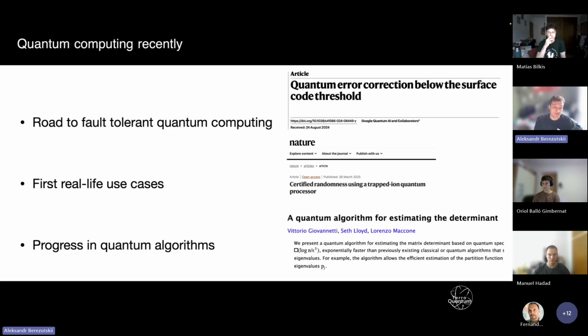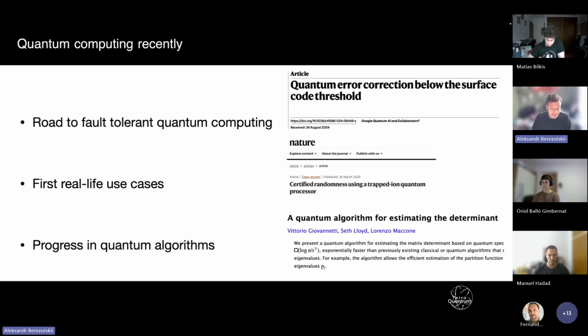Then one of my collaborators for the review published a very nice article where they used certified random numbers generated using the Quantinuum machine, and that's also a machine operating in the regime below the error threshold. I think this is maybe even the first actually useful thing generated by a quantum computer.